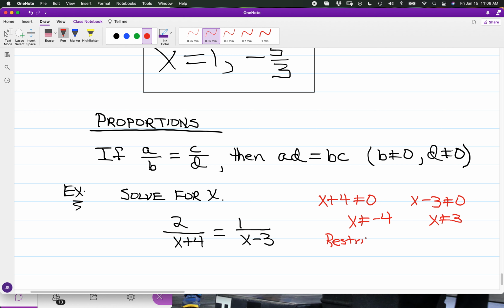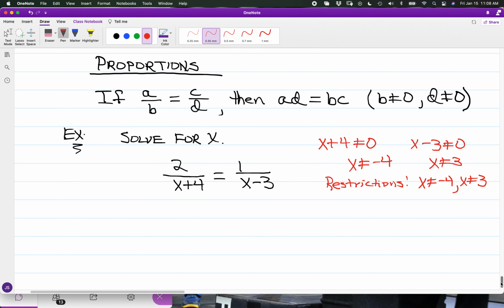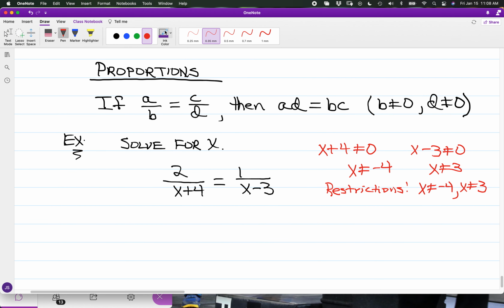Just to restate the restrictions: x cannot be negative 4, and x cannot be 3. I'm going to write this ratio setup again: 2 over x plus 4 is equal to 1 over x minus 3.